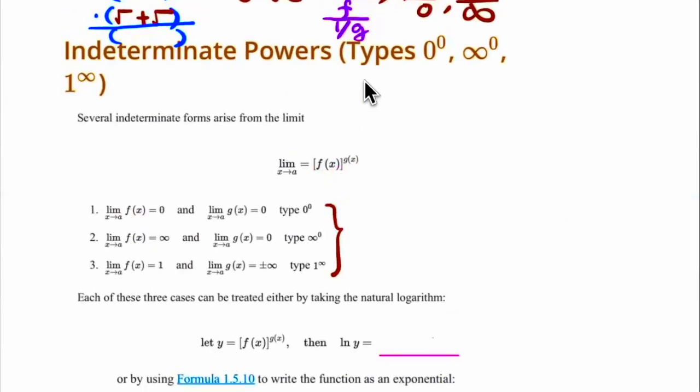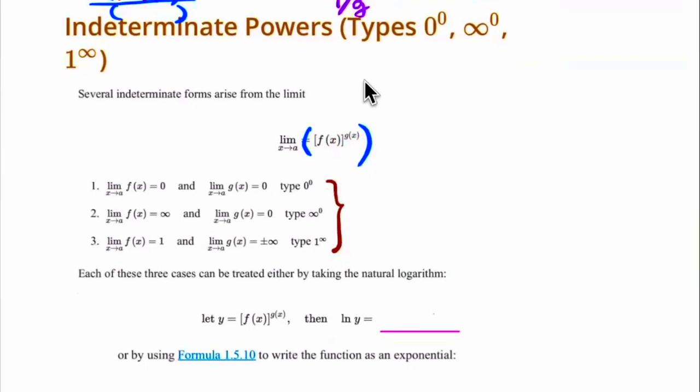Because the base here is a function of x. Oh, here this is a typo. This is the limit of this. You see the base here is a function of x, and the exponent is also a function of x. So when both are functions of x, as x approaches a, they're all changing, so what to do here is bring down this exponent.